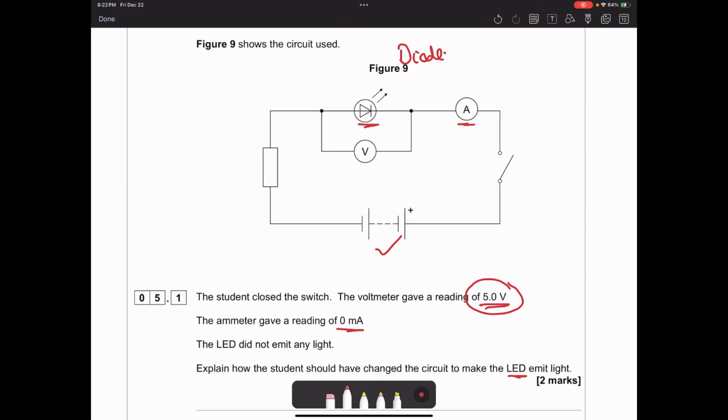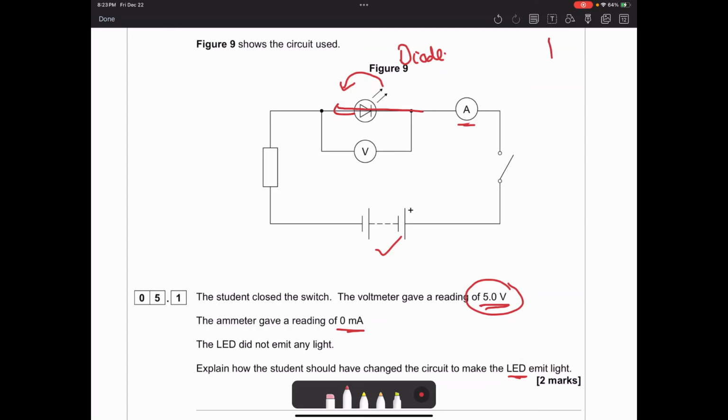The job of a diode is to effectively act like a roadblock, has a really high resistance in the reverse direction. So if I want to allow my current to flow through my diode, I flip it round. If I turn my diode the other way round, this roadblock then isn't there, and the current will then be able to pass straight through it.